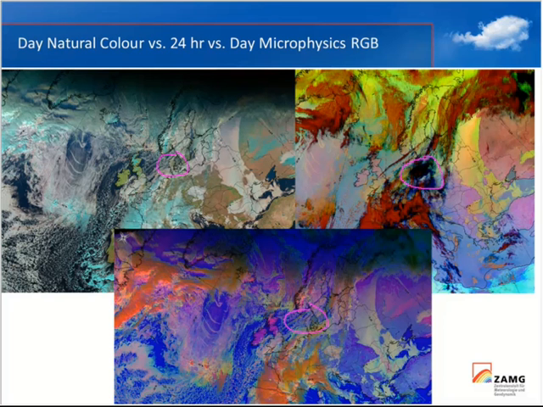So always keep in mind that if the sky looks quite clear, for example, in the day natural color RGB, there might be some cirrus clouds which are not visible over there. So that's another benefit of the 24-hour microphysics RGB.